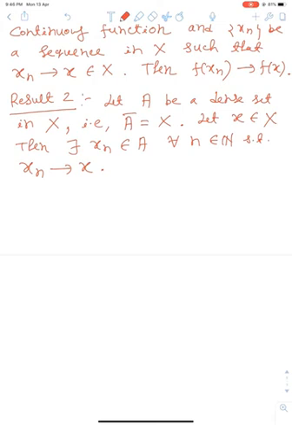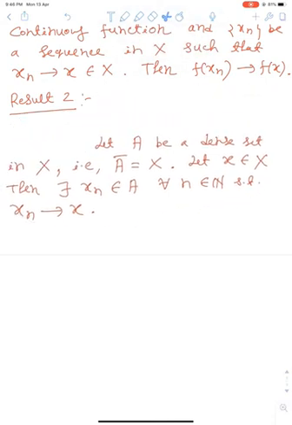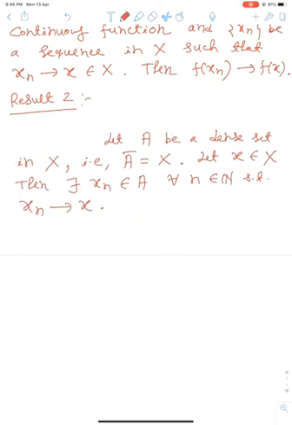So we have to assume, and we can write this before, that let X be a first countable topological space.